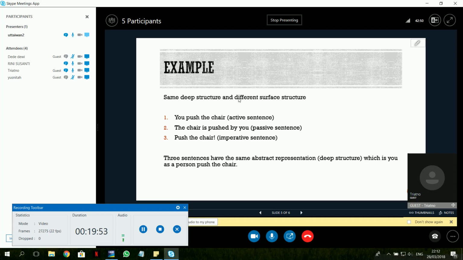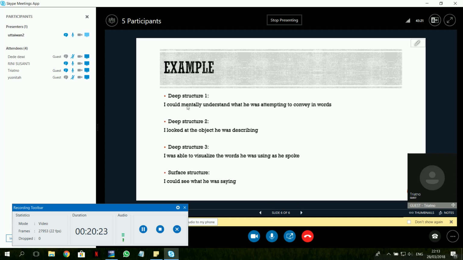Roti dimakan aku. Jadi dari tiga kalimat itu kan artinya sama. Intinya adalah aku makan roti. That's true. Ya, surface structure, makanya disebut superficial. Karena superficial itu sebenarnya hanya bentuk permukaannya saja.